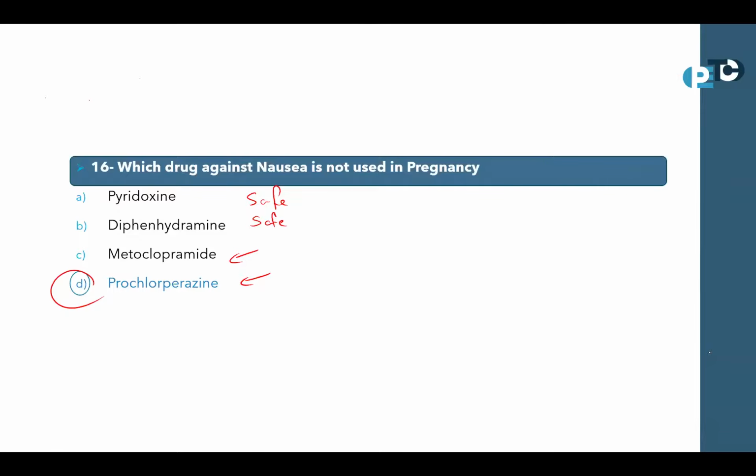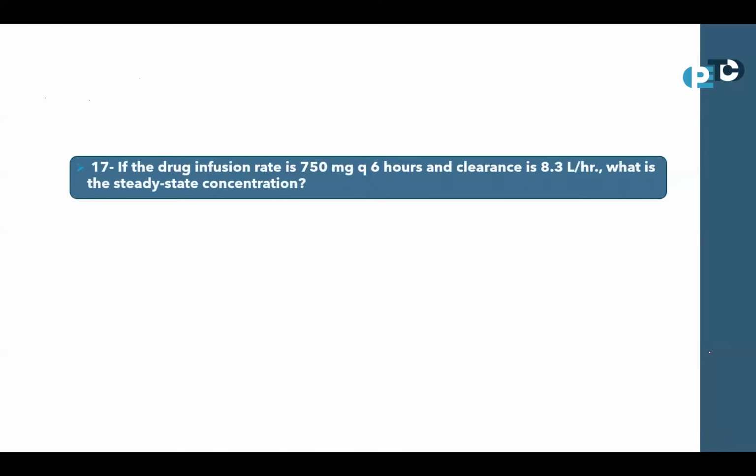Prochlorperazine is classified as pregnancy category C by the FDA, which means that animal studies have shown adverse effects on the fetus. So prochlorperazine is the right choice for this question.